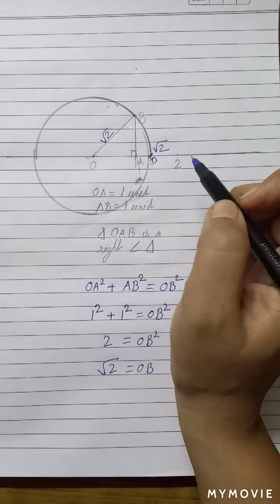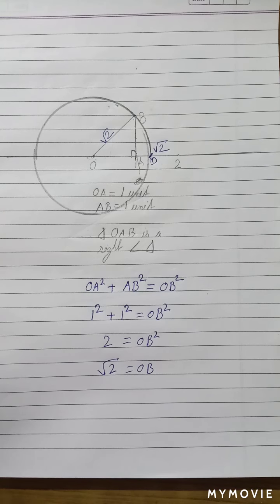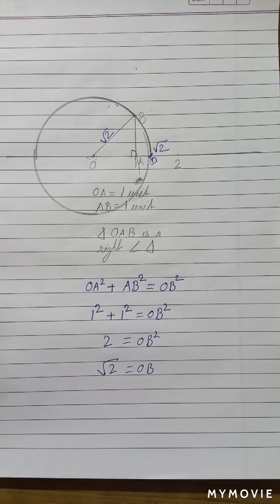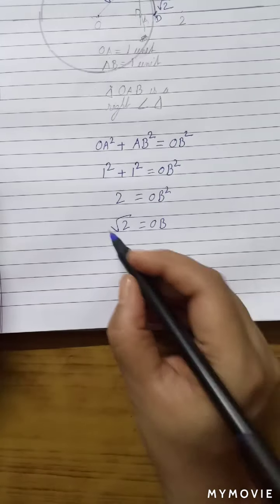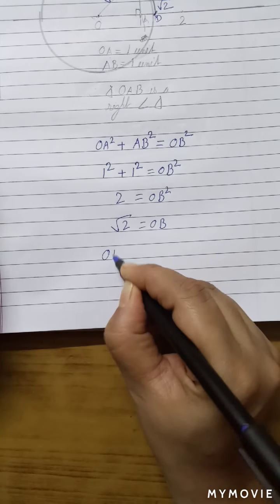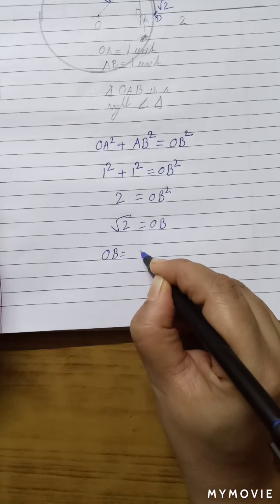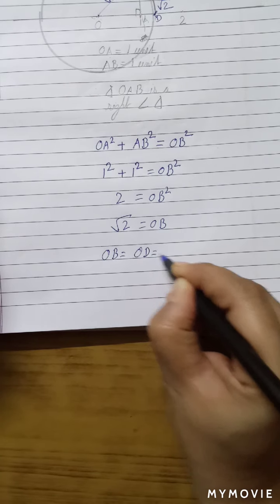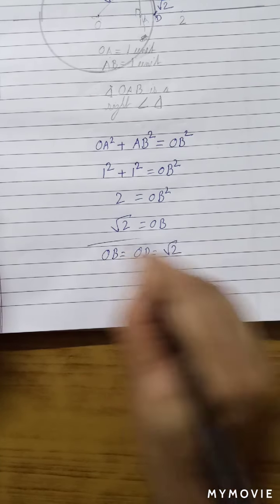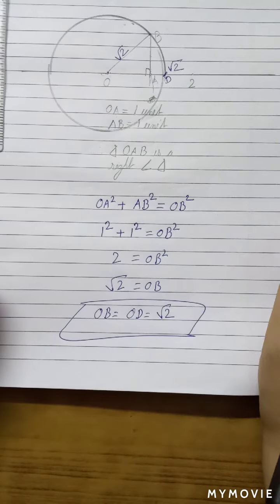And OB is also the radius. We know that in a circle, all the radiuses have the same length. And that explains why OB is equal to OD is equal to root 2. So that was easy.